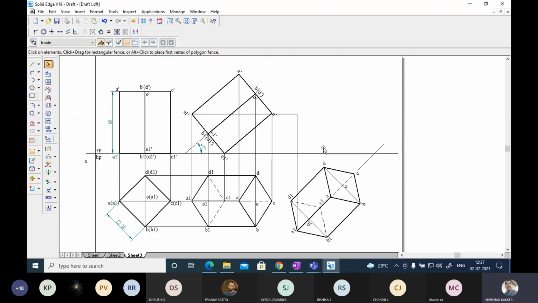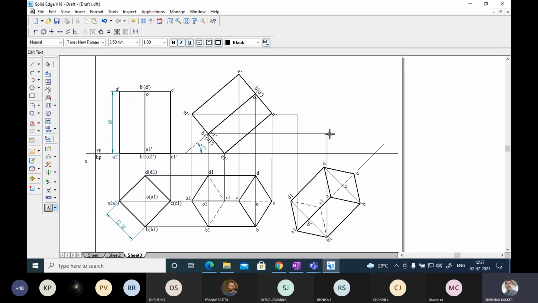I don't want to confuse you in the beginning. So this will be point A. And the point B, from B here I am going to take, and again from B I am going to draw the line. I have drawn the line and we will be meeting at this point, and this will be point B. Immediately after this, if you want, you can write also B dash, and this will be A dash.